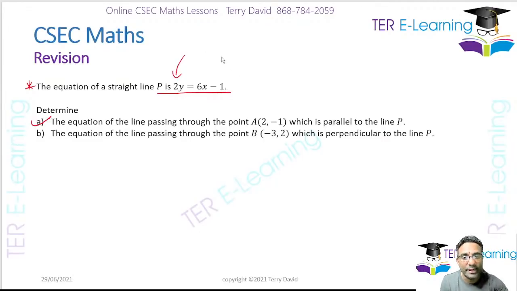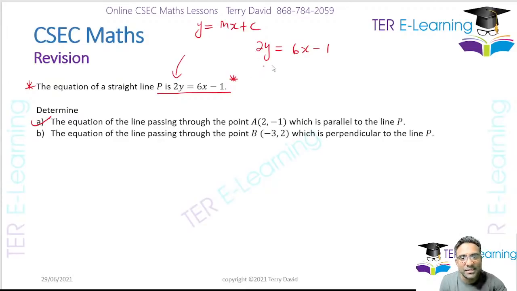What you have to do in all questions like these is write the equation in the form y = mx + c. This equation is not in the form y = mx + c. What you have here is 2y = 6x - 1.